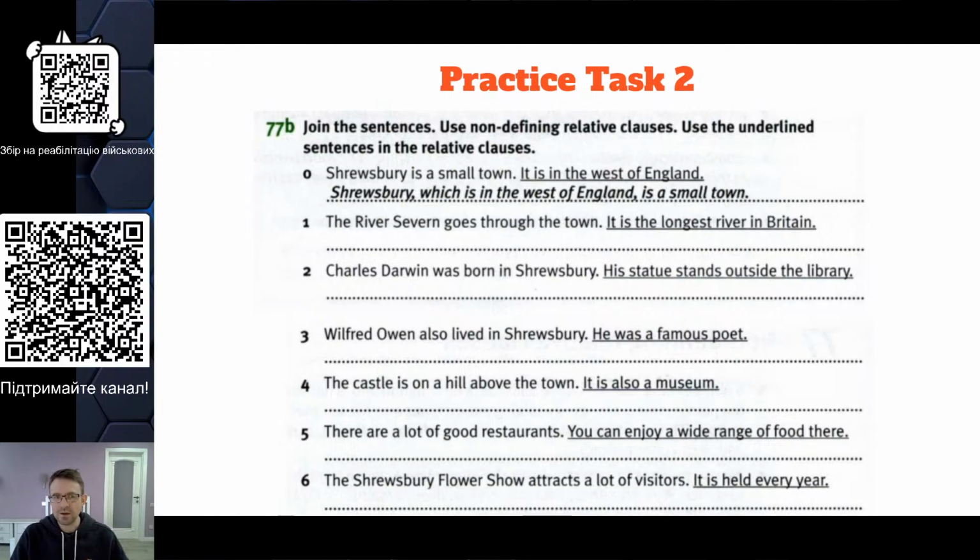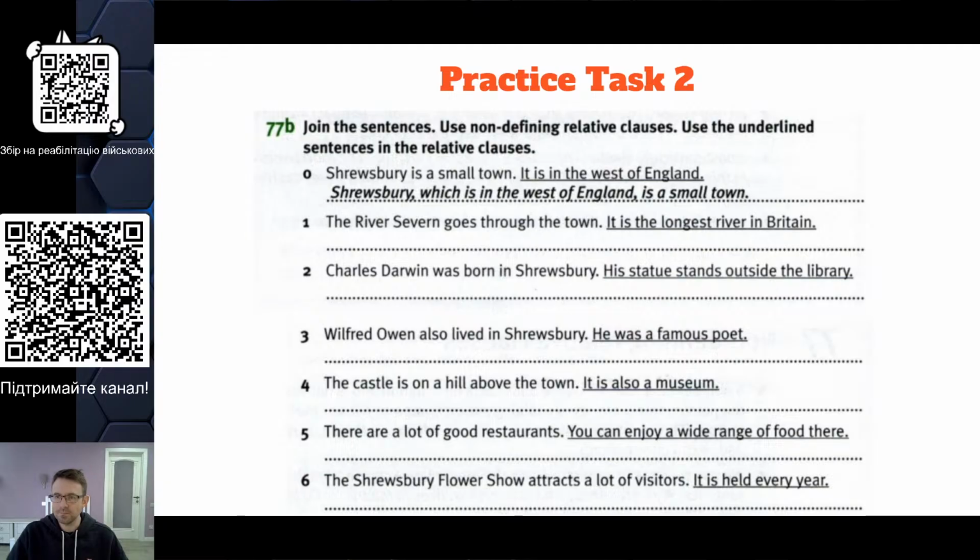Then on to our second one. Here we should have Charles Darwin, comma, whose statue stands outside the library, comma, was born in Shrewsbury. Here we need to use whose because it is the statue of Charles Darwin, so we show possession. And so again, whose and with the commas with each part of the relative clause.